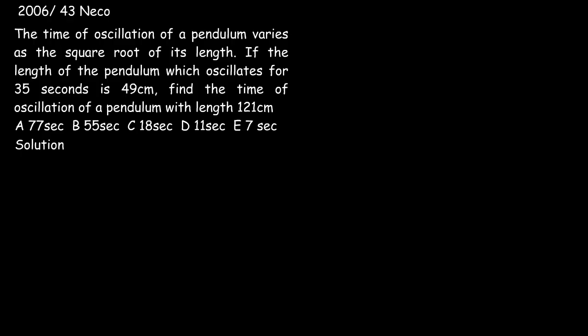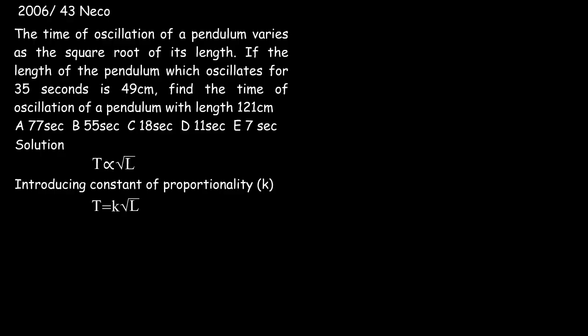From the question, we are told that t varies directly as the square root of L. Our first step is to find our constant of proportionality. Introducing constant of proportionality k, t will be equals to k, the square root of L. And dividing both sides by square root of L, k will be equals to t divided by the square root of L. When t is equals to 35 seconds, L is equals to 49 centimeters.